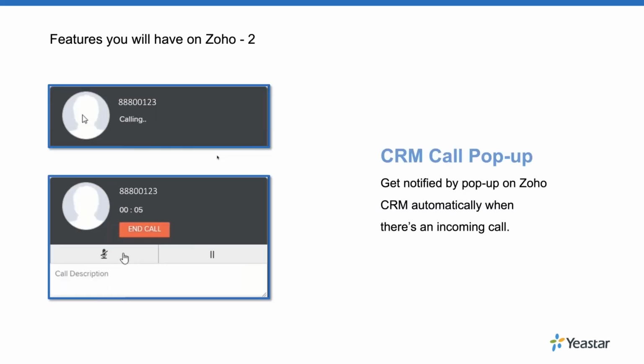And the second feature we're gonna have here will be incoming call pop-up. Not a big deal. It's a basic feature. So now, if there's an incoming call from one of your contacts, who's trying to call you right now, you will have this pop-up. So your CRM gonna give you this pop-up.